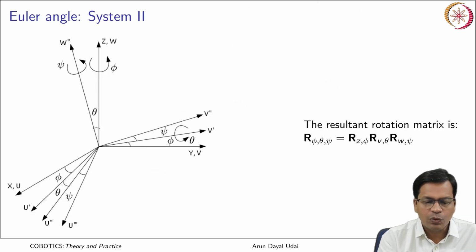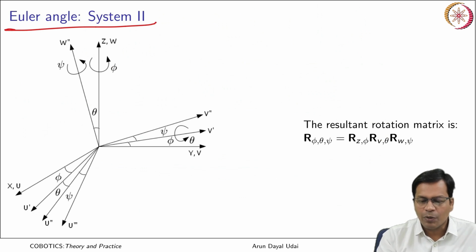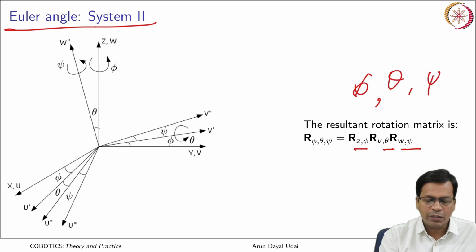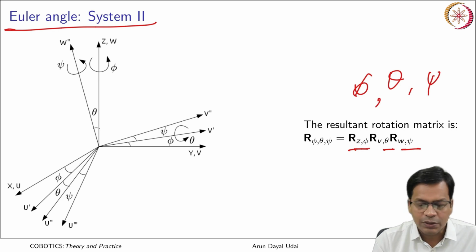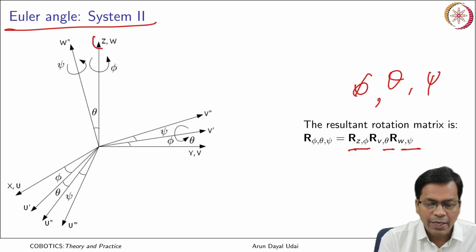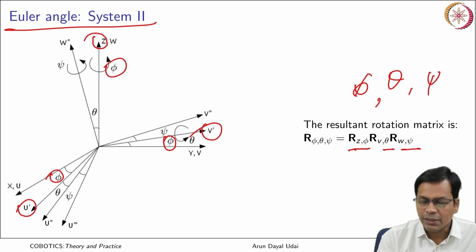Similar is system 2. This time it is rotation about z, v and w by angles phi, theta and psi. You can work it out quite easily here. Initially it is rotation about the z axis by an angle phi. So phi here and phi here is visible, this goes here. Next operation is about v by an angle theta.